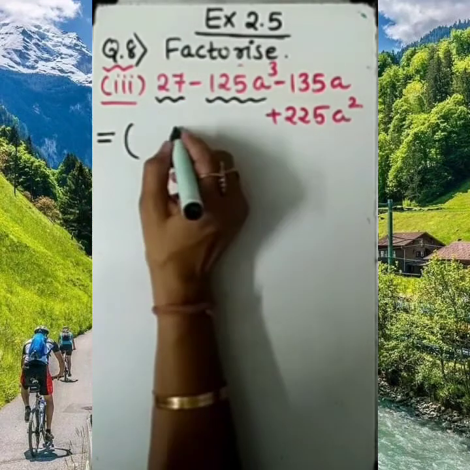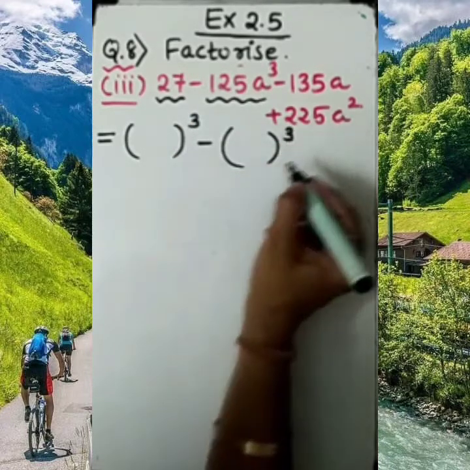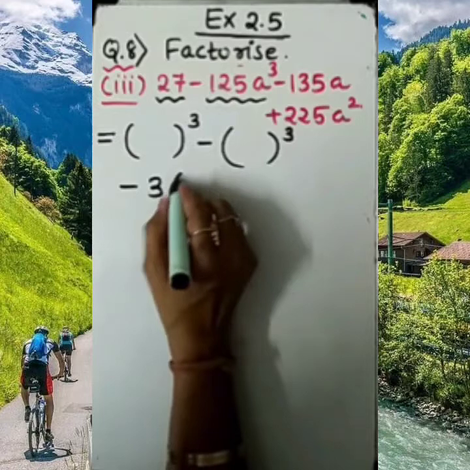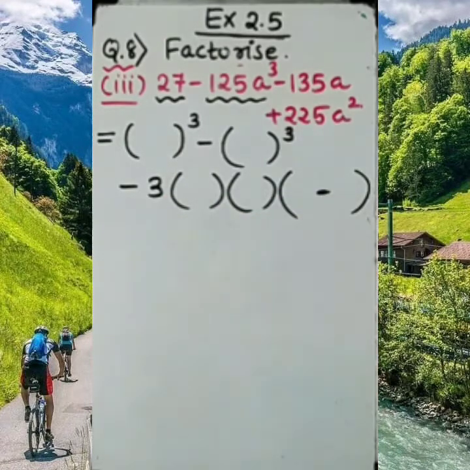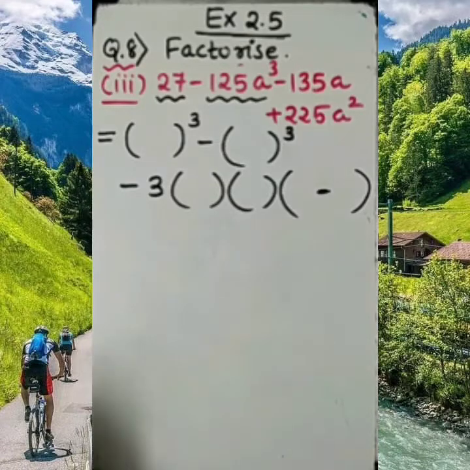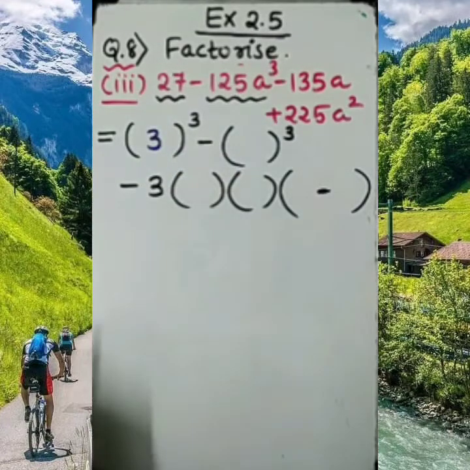So as we know, a cube minus b cube minus 3ab bracket a minus b. This is our identity. Now first term 27, you know, is a cube of 3. 3 into 3 into 3, 27.